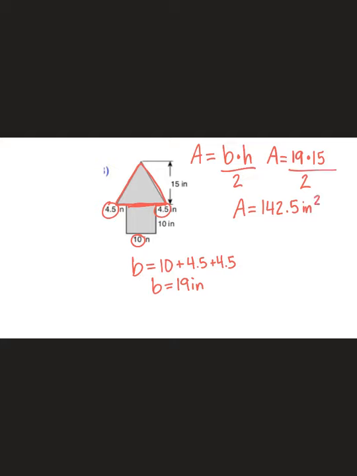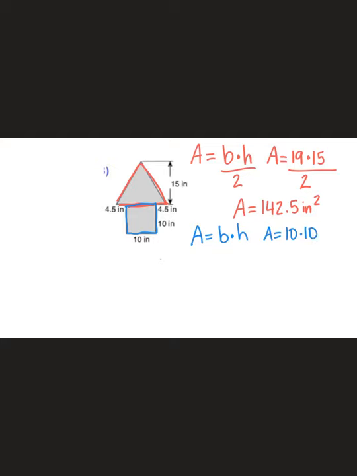So we know this is only part of the compound figure. Now we need to find the area of the figure beneath it. So if I take a closer look at that figure, I notice that the base and the height have something in common. So we might even be able to say that this figure is actually a square, because I can see that both the base and the height measure 10 inches.